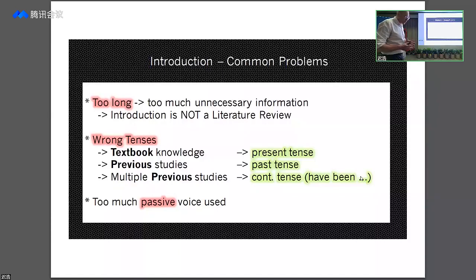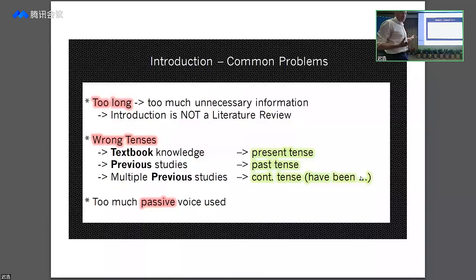Passive voice you use in the method section because we know that these are the methods that you have used and you describe your own action, so we don't need to use active voice. In all the other sections, please use as much active voice as possible. Here we show, a previous study showed. Do not say "it was shown."